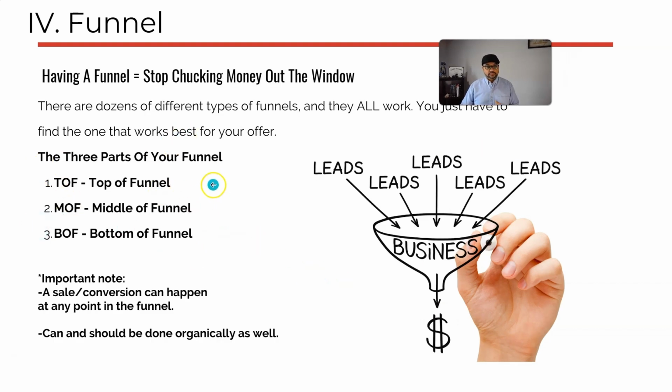You can build awareness and get leads coming into your world when they sign up for the webinar. You can nurture the heck out of them as soon as they come: a video on the thank you page, the email sequences you're sending out to them, the content that you're engaging with them. You can nurture them a lot, and then you meet with them live on the actual webinar, right? So you're doing all this in just 3-4 days typically, and then the bottom of the funnel going to sales.